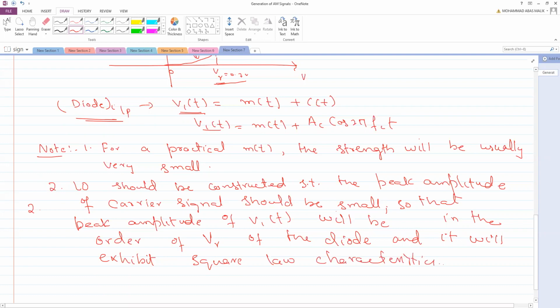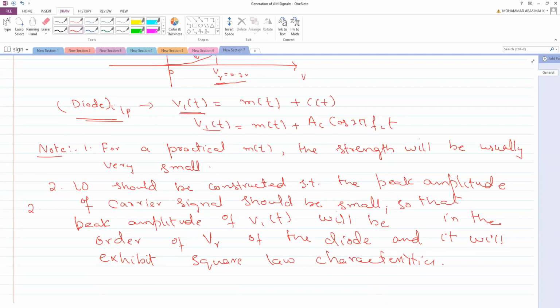Are you getting me? Yes, sir. That means the strength of the message signal, in terms of amplitude, is very small. For the local oscillator to match it, you should construct the local oscillator, which ultimately generates your carrier signal, so that the peak amplitude of V1 of t, that means m of t plus the carrier signal, will be of the order of V gamma.